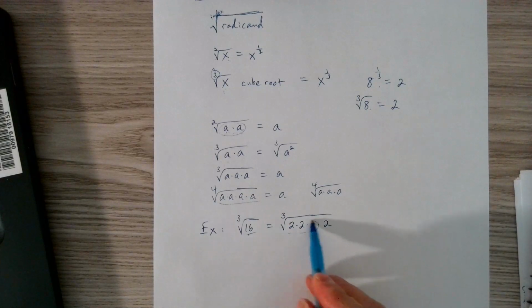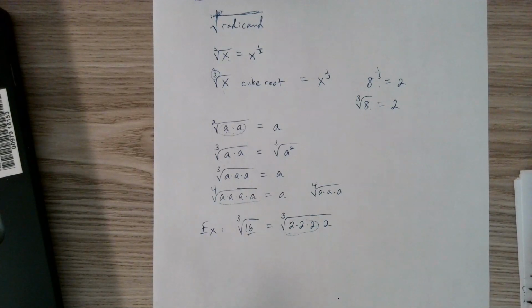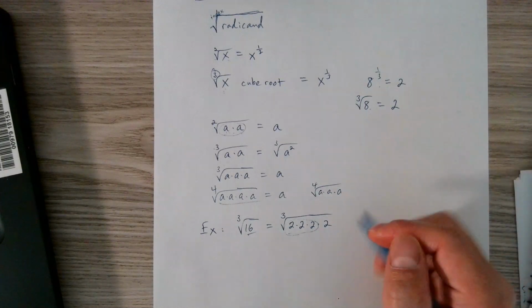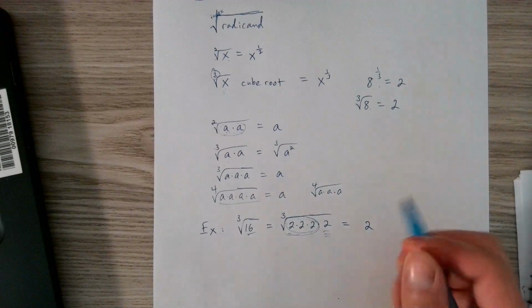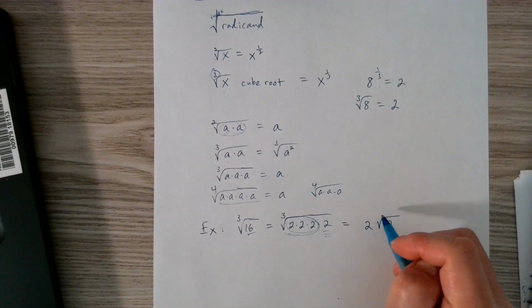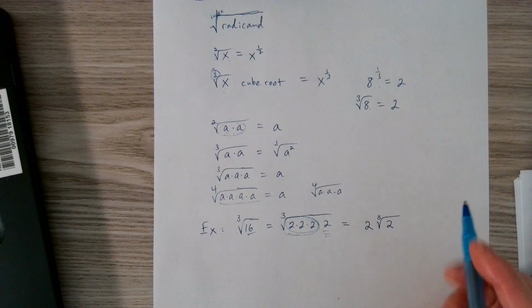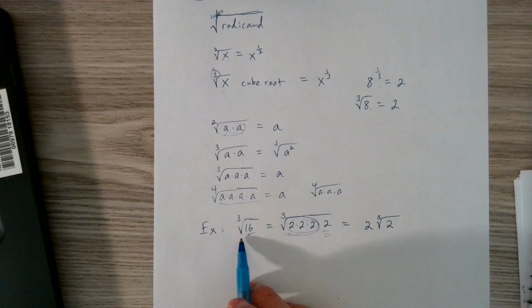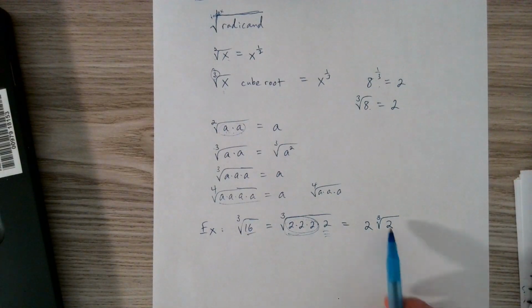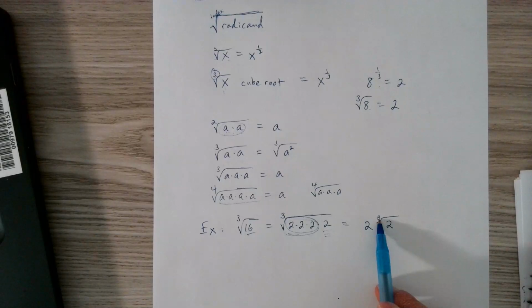And there's my triple right there, my 3 of a kind, my perfect cube. So this will lead me to a 2 with no radical, and that extra 2 must stay in the radical. And don't forget to put the index, that's very important. We are in cube root land, not square root land. If something starts in cube root, we are always in cube root. If you don't put the correct index there, someone's going to read that and think it's a square root.